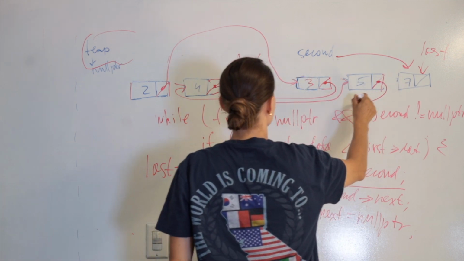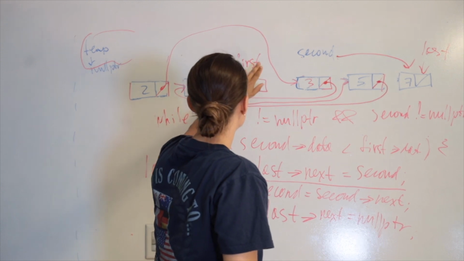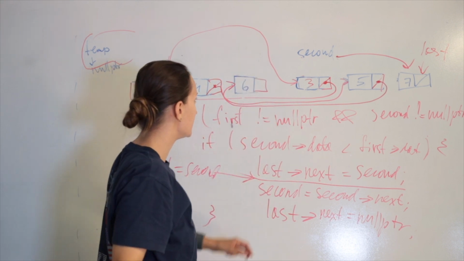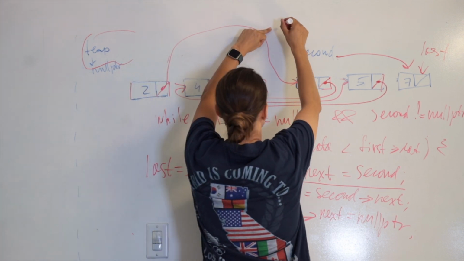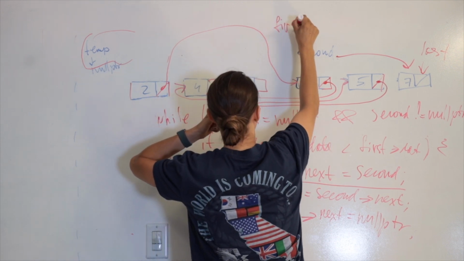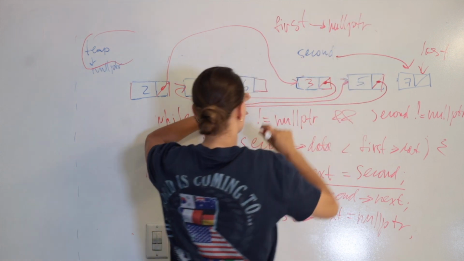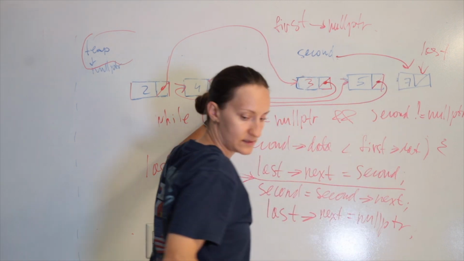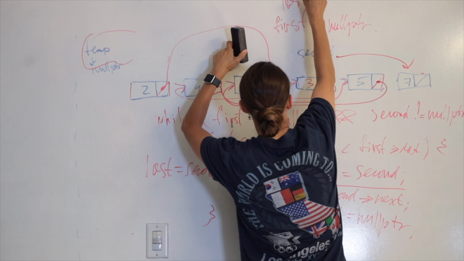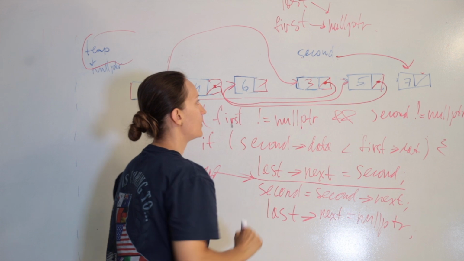From here, last next points to this node. Move our first, and now we hit null pointer, because after that it was null pointer. First points to the null pointer. Let's move last. Point to the null pointer, and we'll make this null pointer as well.